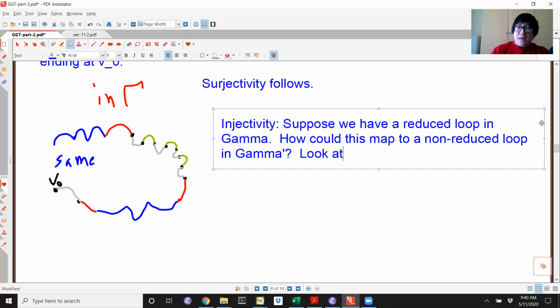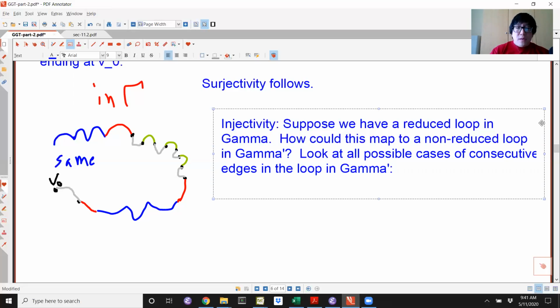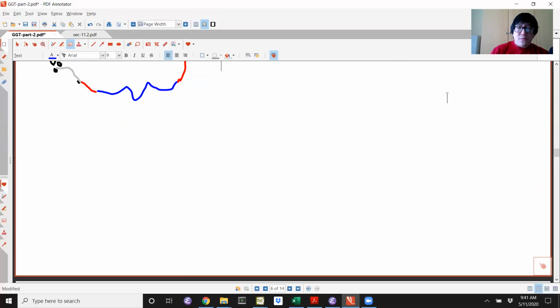Let's look at the possible cases, all possible cases of consecutive edges in the loop in gamma prime. Well, okay, so what are those possible cases?